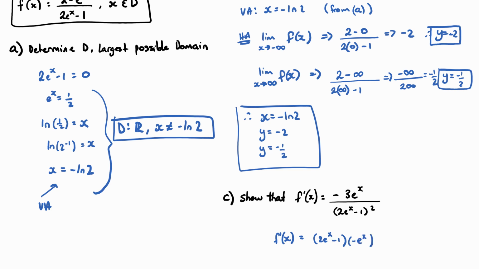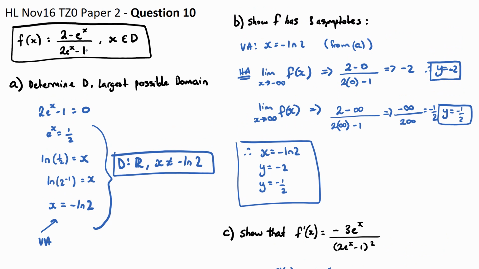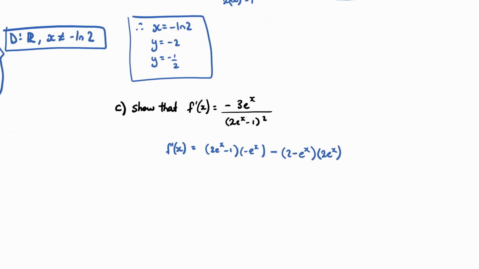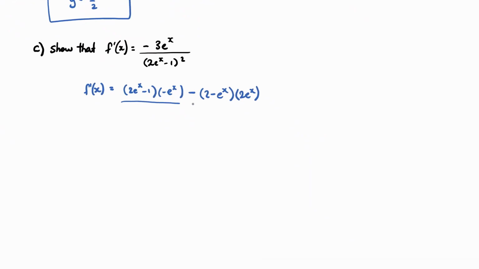So it's vu' minus uv', so it's the top, e^x, multiplied by the derivative of the bottom, which will just be 2e^x. And then it will be all of that divided by v squared, so (2e^x - 1) squared.